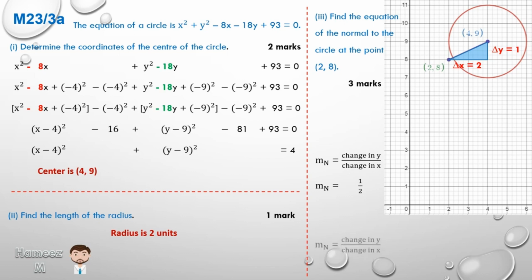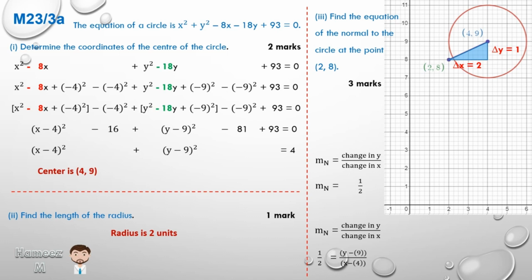So let's solve for the equation. Gradient of the normal is equal to change in y over change in x. So we can substitute. The gradient of the normal is a half, which is equal to, what's the change in y? Y minus any point that we're using. We can either use (2, 8) or (4, 9), so let's use the center one: y minus 9 over x minus 4.